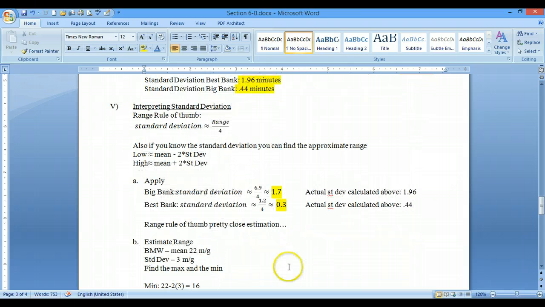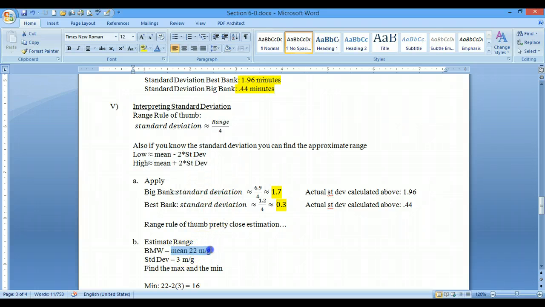We can also work backwards. So if I have a BMW and I'm going to estimate the range where I have the mean is 22 miles per gallon and I know the standard deviation is 3 miles per gallon, I can use that information to approximate the minimum number or the low and the high. So I'm going to use my range rule of thumb here by taking the mean, which I have, of 22 and subtract 2 standard deviations and add 2 standard deviations.